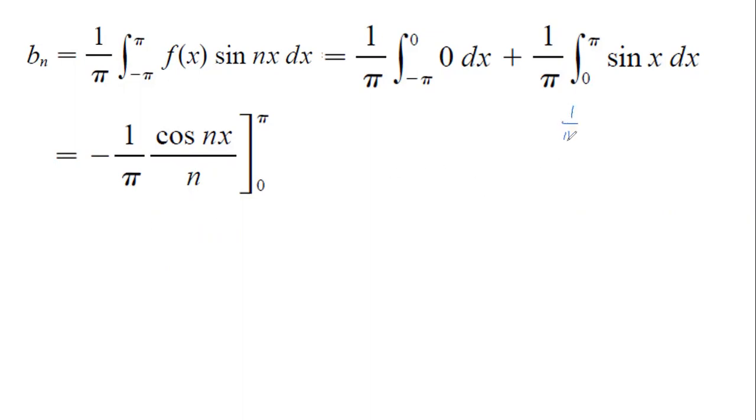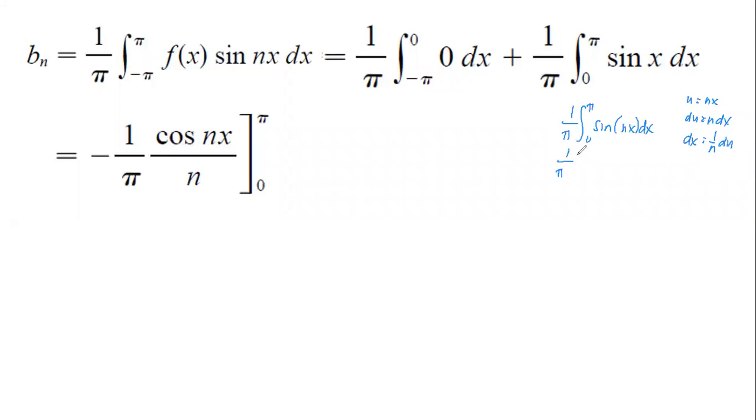So 1 over pi, 0 to pi. So it should be sine nx, no? So sine nx dx. Again, u is nx, du is n dx. So our dx is 1 over n du.